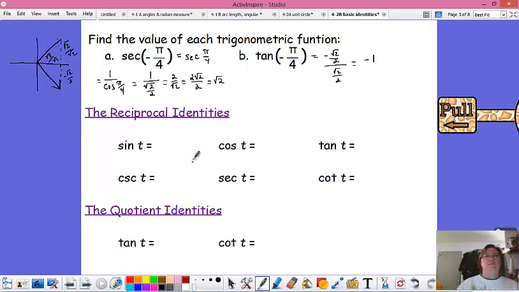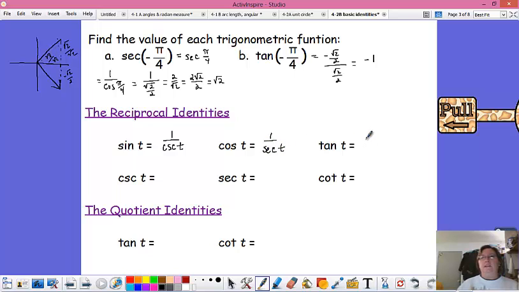We're going to talk next about the reciprocal identities. And we kind of have already touched on it. We've used the term reciprocal a lot. The sine of some angle t is the reciprocal of the cosecant. Remember, each of the pairs has one co in it. The reciprocal of cosine is the secant.